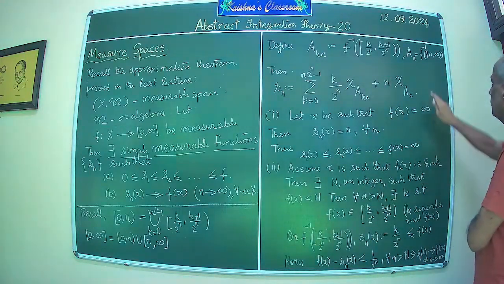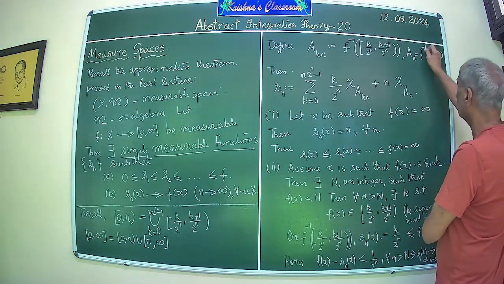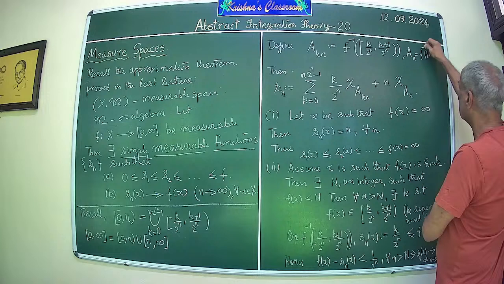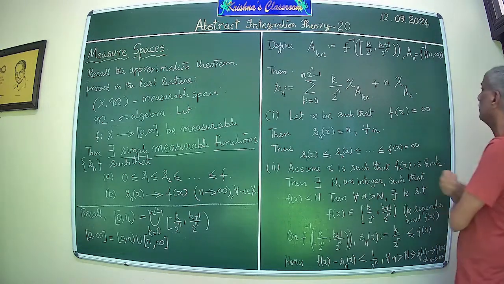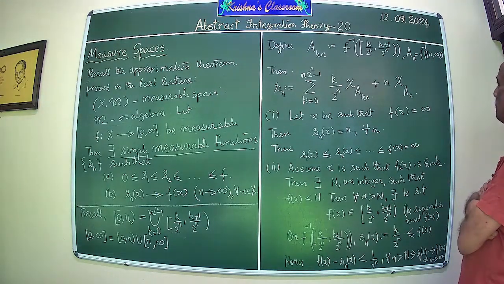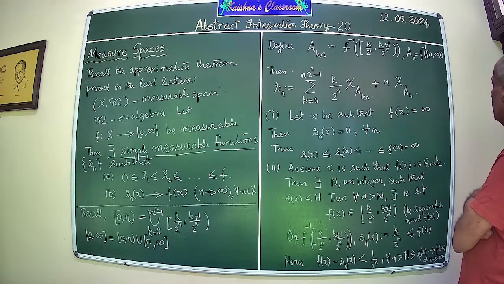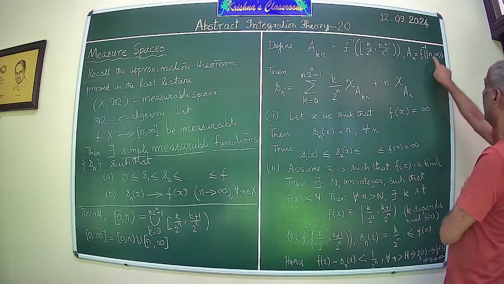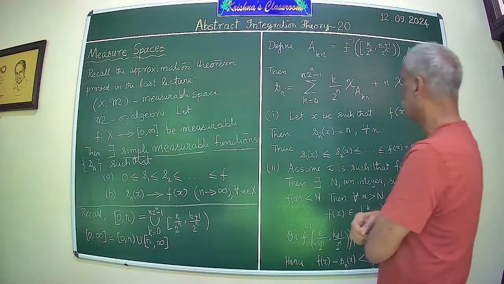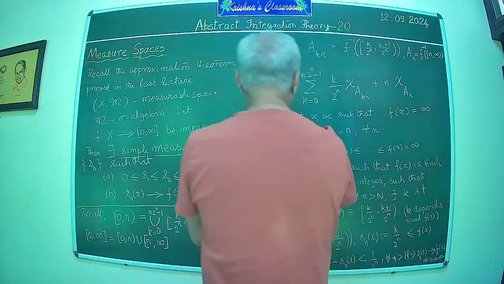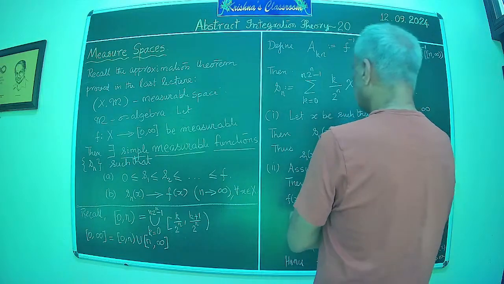Similarly, we use A_n to designate f inverse of [n, infinity). Therefore, now we are in a position to define our Sn.